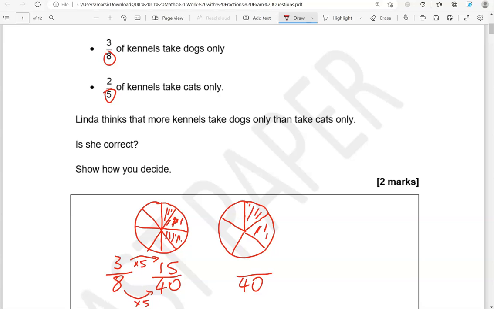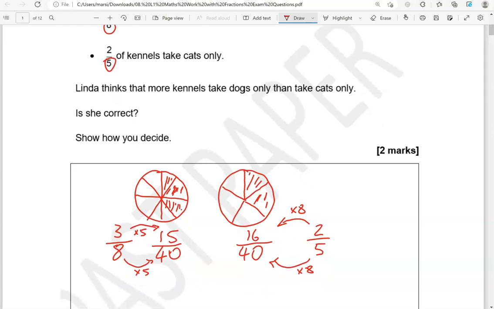And similarly, the 2/5 that we have, to get from 5 to 40, I've multiplied by 8. So I'll multiply 2 by 8 as well to get 16. Now we can compare which one is greater. 16/40 is greater than 15/40. 16/40, that is 2/5. So that's the kennels that take cats only.